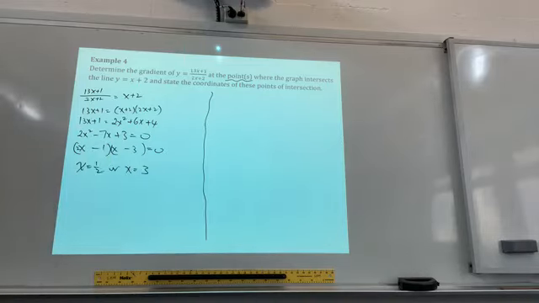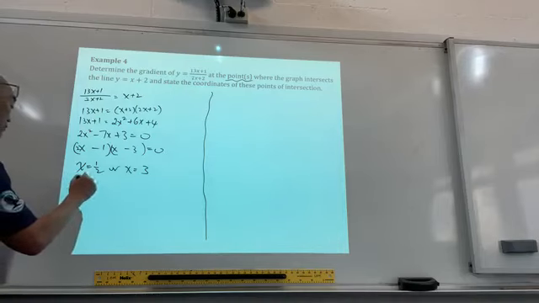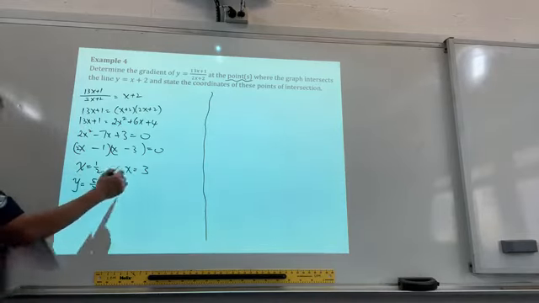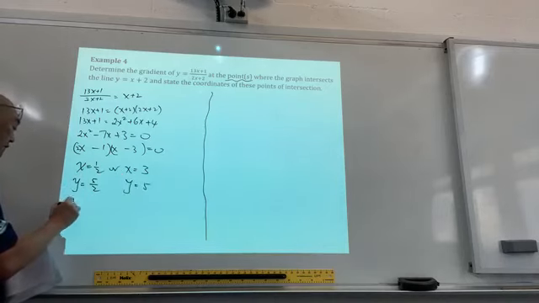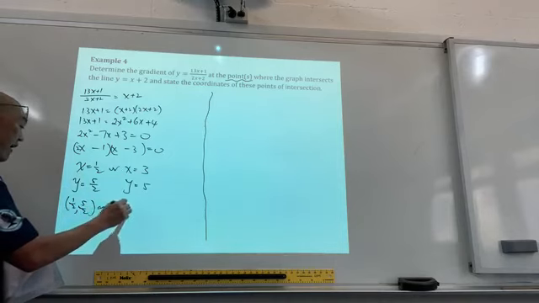Now, I can straight away find the coordinate, can't I? Which equation will you use? x plus 2. Yep. Use y equals x plus 2. So therefore, y would then equal 5 over 2, that's 2.5. And y will then equal 5. So the two coordinates are half, 5 over 2, and 3, 5.